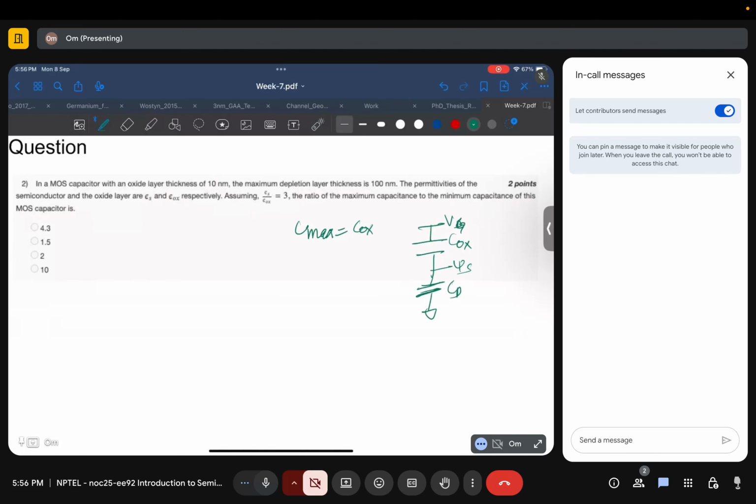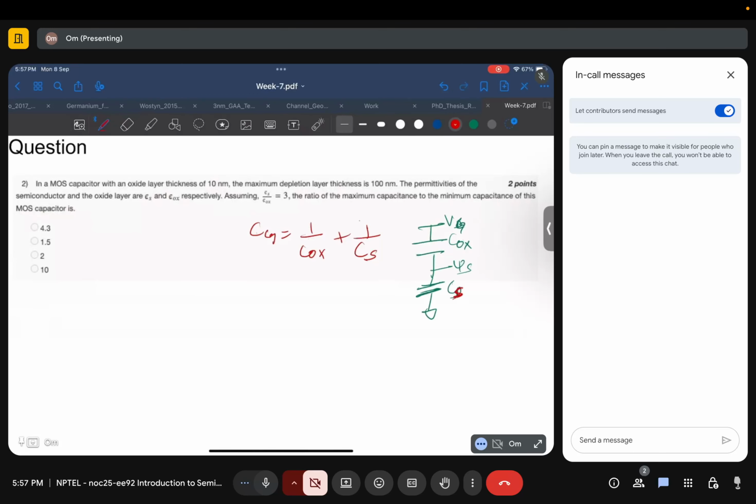Because this is in series, so CG will be, well, rewrite it, 1 by CG will be 1 by COX plus 1 by CD. Actually that is C semiconductor.